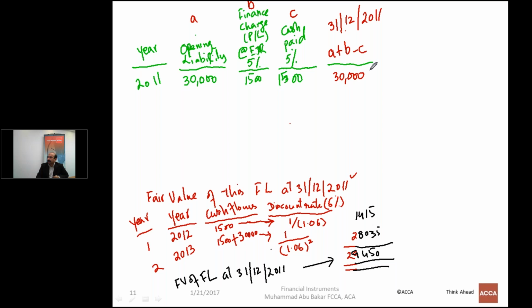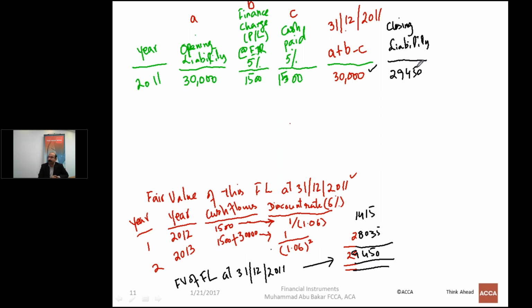Whereas the balance before making any fair value adjustment is 30,000. So the liability is reducing. So our closing liability, which will appear in the statement of financial position, will be 29450.